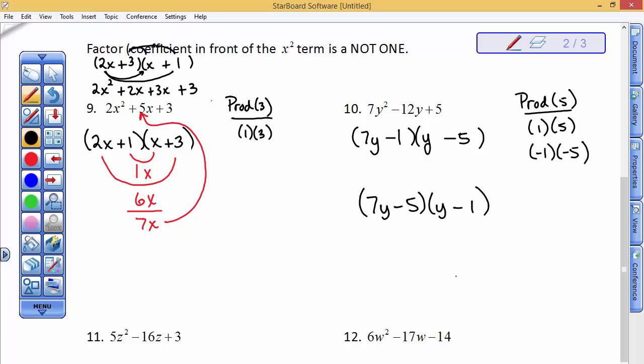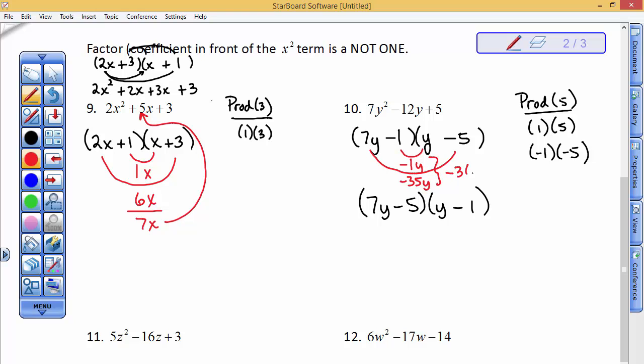And I just have to check my smiles. So this smile is a negative 1y, and this smile is a negative 35y. They combine to be a negative 36y, and that is not this term.